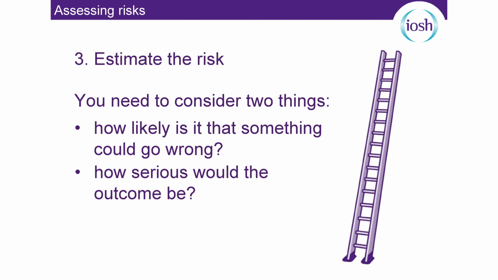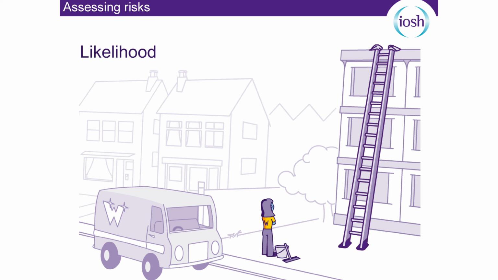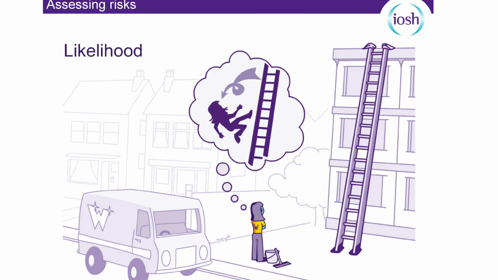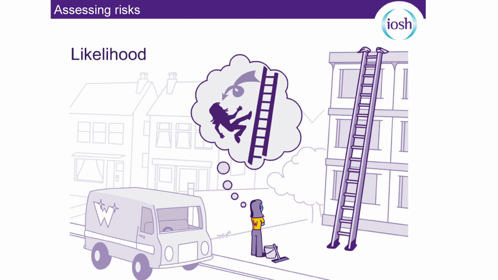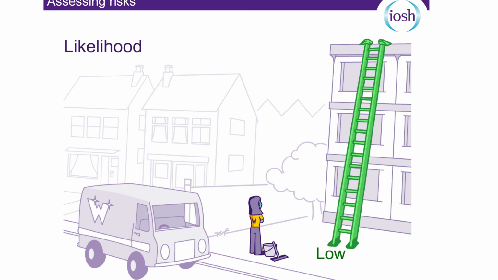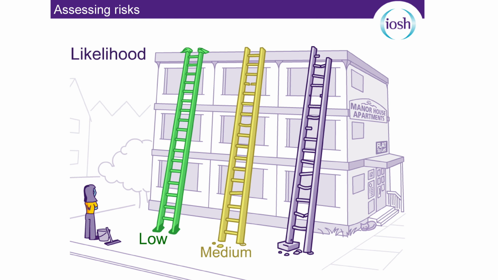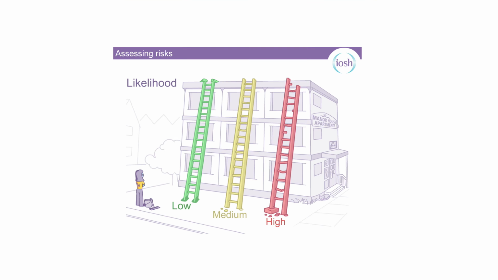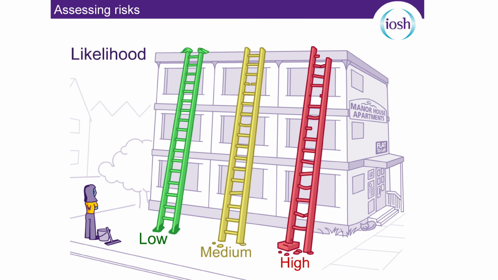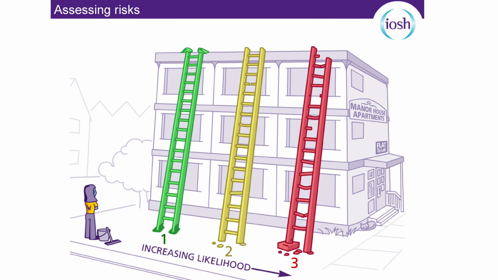3. Estimate the risk. You need to consider two things. How likely is it that something could go wrong? How serious would the outcome be? Likelihood: low, medium, high, increasing likelihood.